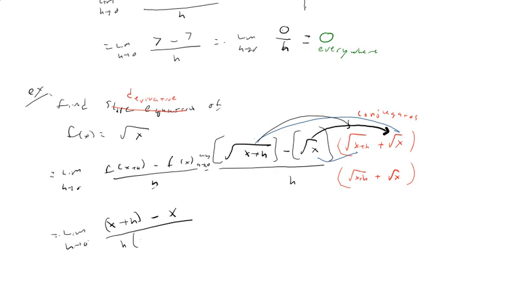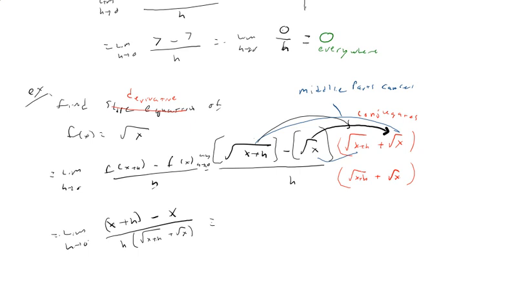Okay? Middle parts are going to cancel. So I'm just left with the first times the first and the last times the last. If you want to work it all out, you can, but the middle parts are going to cancel.